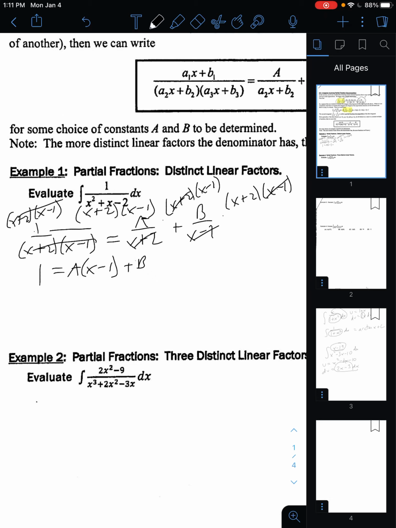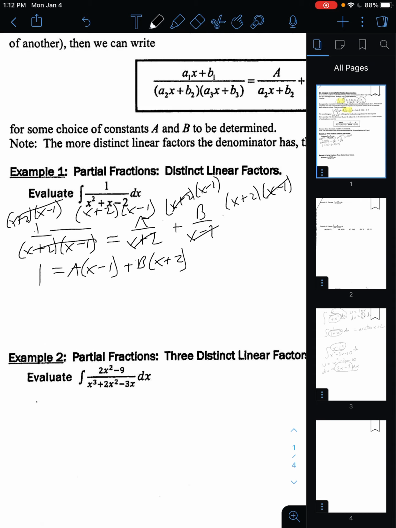And I have b times x plus 2. So I'm going to wait a second for you guys to see what just happened here. And you can see why you're not going to have to show that step every time. Basically, what's going to be left are the factors that aren't in the denominators. Like for that a fraction, x minus 1 wasn't in the denominator, so you have an x minus 1 left next to it. And same with the b.